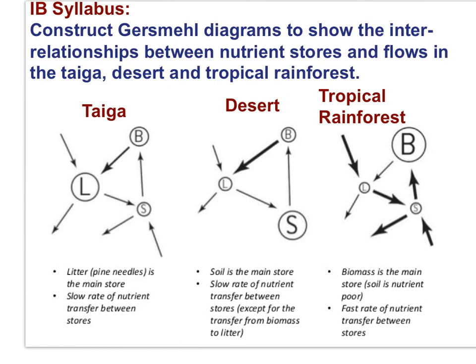Nutrient flows are generally slow due to the scarcity of organisms given the dry conditions. In the rainforest biome, the largest storage of nutrients is found in the living organisms, plants mostly. The rate of nutrient cycling is fast due to the warm, wet conditions. The soil is nutrient poor as a result of the rapid uptake of nutrients by the plants.